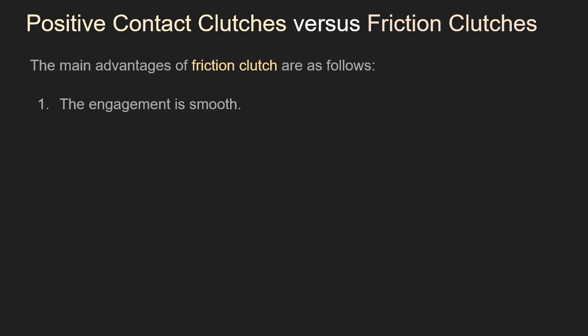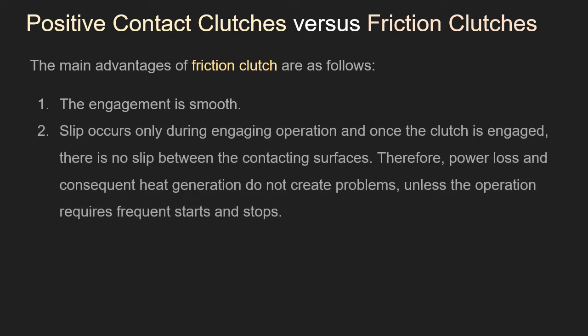Therefore, we are able to achieve the smooth engagement with friction clutches. And with friction clutches, there will be slip, and the slip is largely limited during engagement only. And once the clutch plates are engaged, there will be no slip.